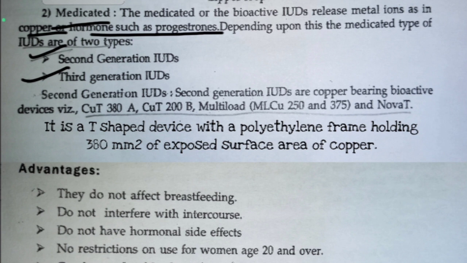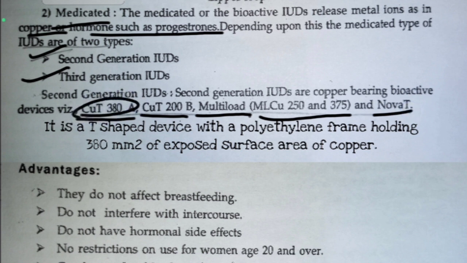In this generation of IUDs we have copper T380A, copper T200B, multi-load (ML), multi-load copper 250 and 375, and Nova T. These are the IUDs. Let me explain.